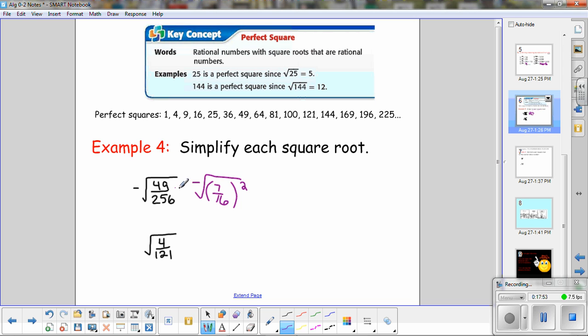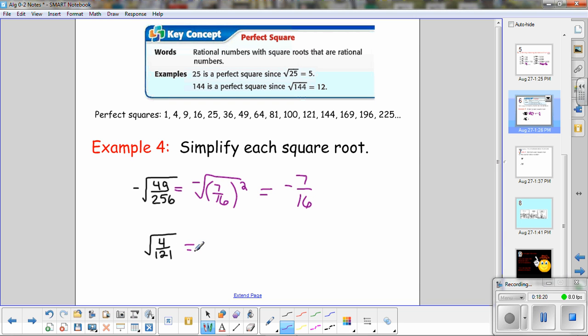Now, if I want to finish simplifying this, the square root is going to end up being -7/16. Basically, you're taking the square root of 49, which is 7, and the square root of 256, which is 16.